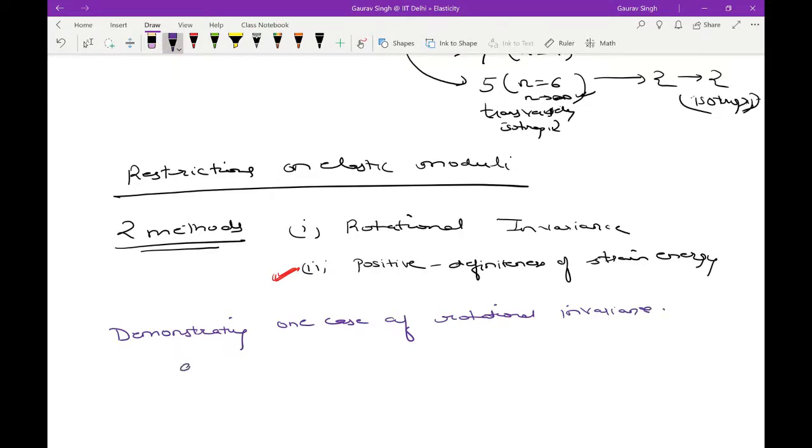So apply a rotational transformation about the z-axis.